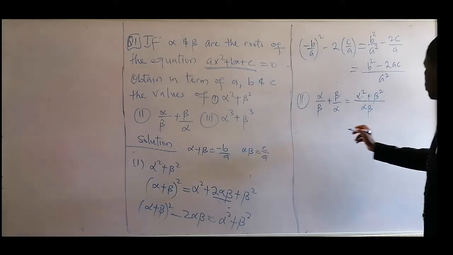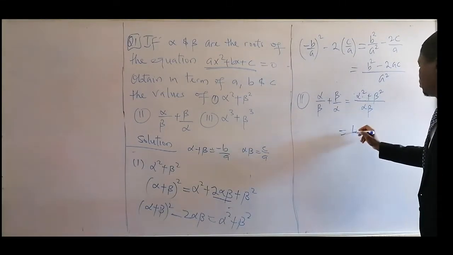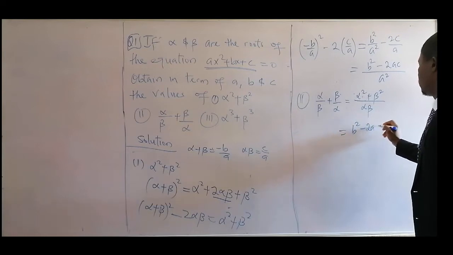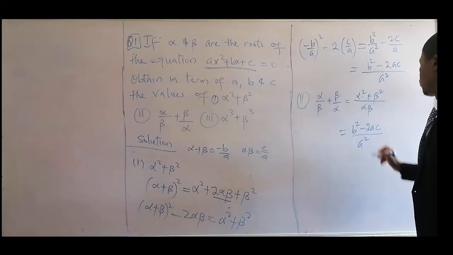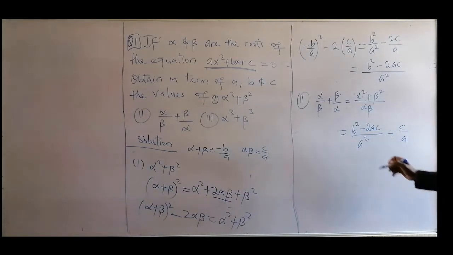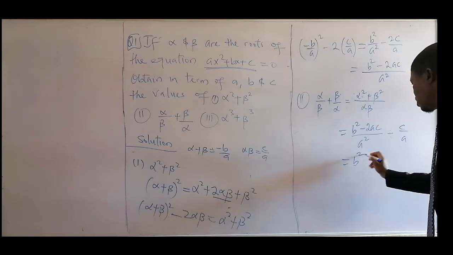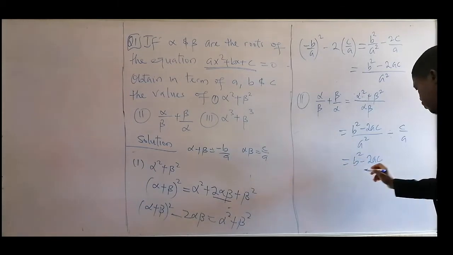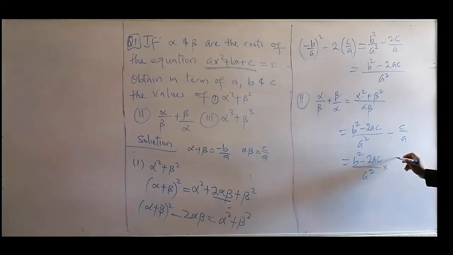And that will be equal to alpha square plus beta square, which is b square minus 2ac over a square, divided by alpha beta, which is c over a. And that's equal to b square minus 2ac over a square, times a over c.